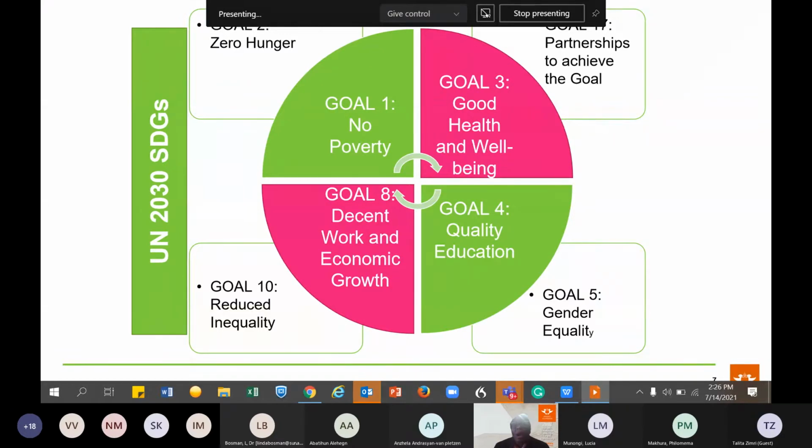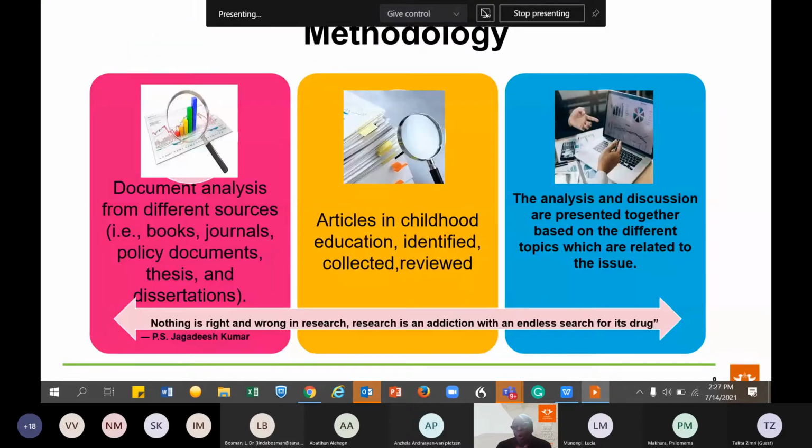The issues around good health and well-being, quality education, gender equality, and eventually we will never reduce inequality and reach the stage where our children have decent work and economic growth, which are all goals that look at partnerships to achieve our goals in terms of SDG 2020. The start is with quality education for all.